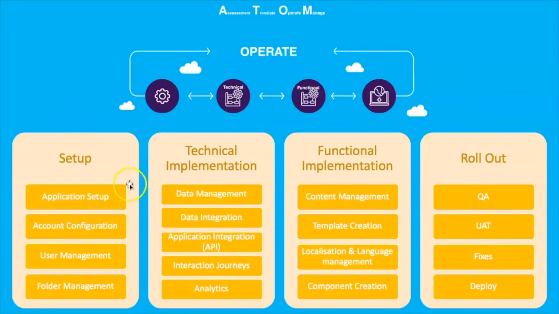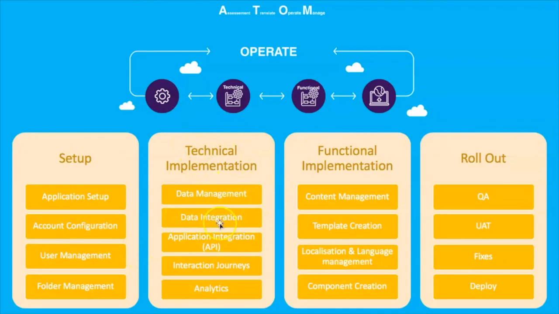And then our setup begins. So the application setup, the account configuration, the user management, meaning the different roles and their accesses, and the folder management within the Marketing Cloud instance, so that all the content, journeys, and emails can be set up based on business units or brands or as per the requirement of the company.